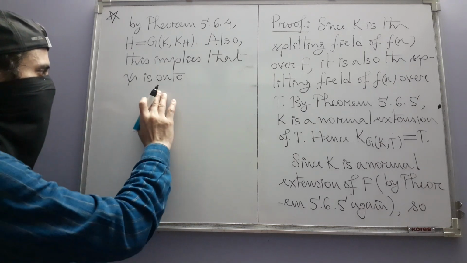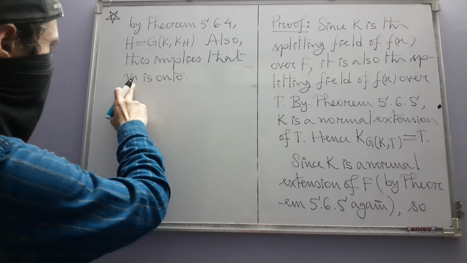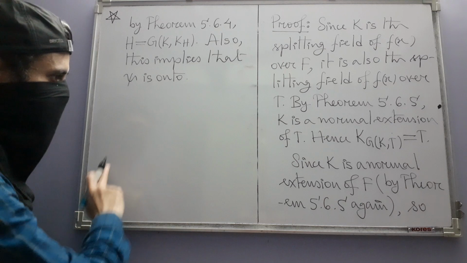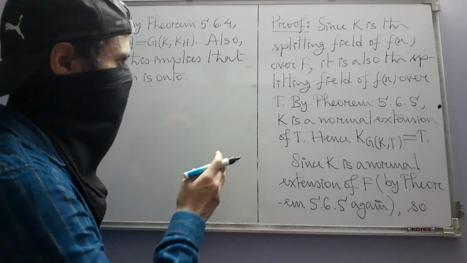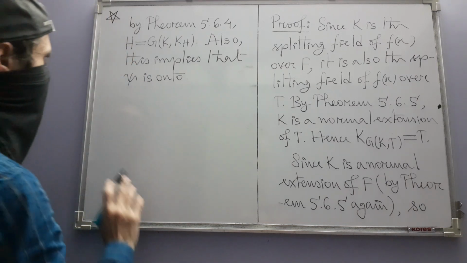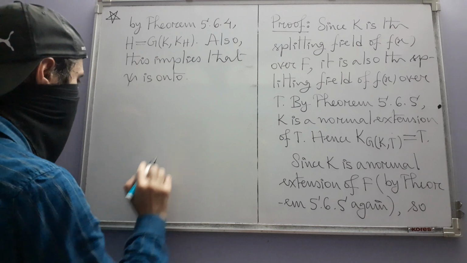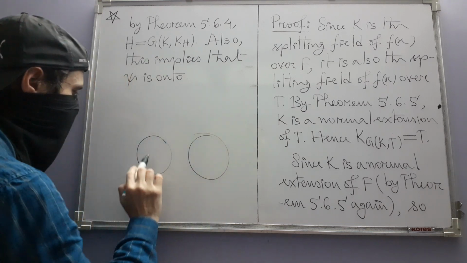If you do not use names, you will have to write many things. That's why I named the function psi, from the set of subfields of K containing F, call it A, to the set of subgroups of the Galois group, call it B. So now you can simply write that psi is onto. But why is it onto?